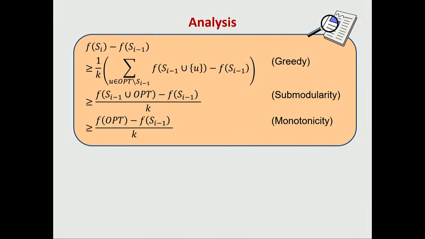And the proof is really nice and elegant. So Si is the solution at time i, and Si minus 1 is the solution at time i minus 1. Remember, we are adding the best element to Si minus 1. So this is certainly better than just adding the average of any subset, and in particular the subset of opt that we can add. So this is using the greedy step. Now, this is a property of submodular functions that I didn't prove, but it's quite easy to prove.